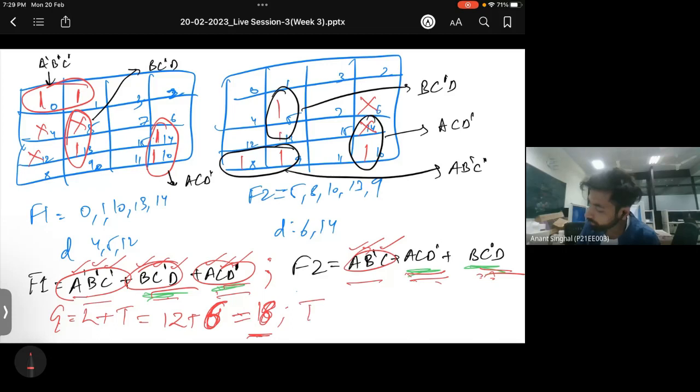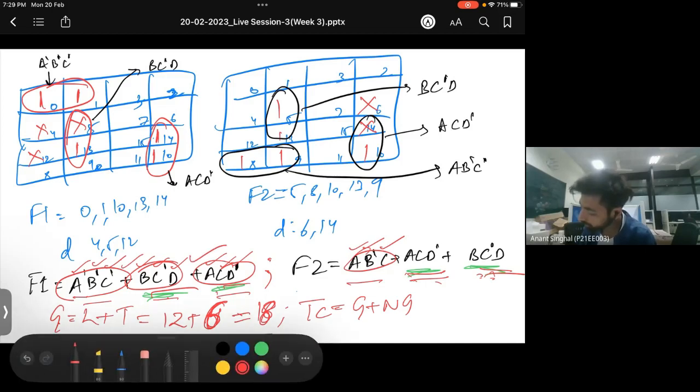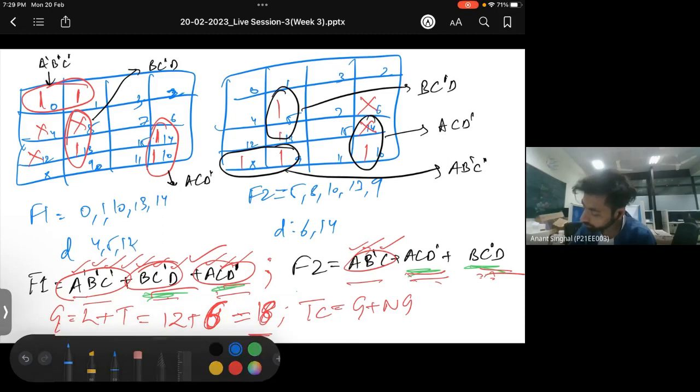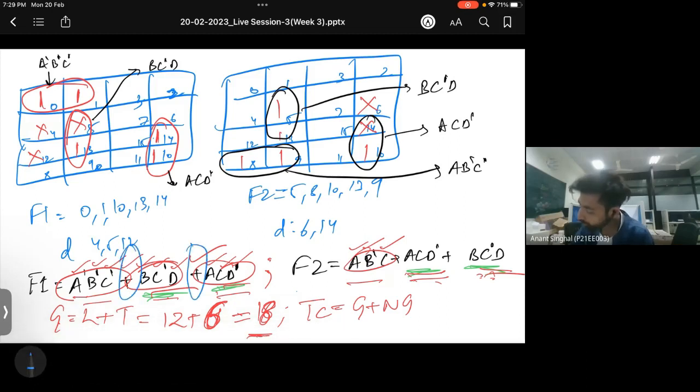And now the total cost will be gate cost plus the number of gates. So you can see we require one, two, three, four OR gates, and for AND gates we require two.